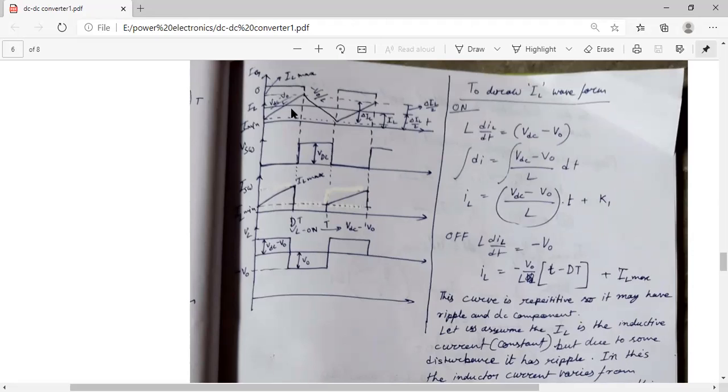Now the current IL varies from minimum to maximum value, and that difference from minimum to maximum value is delta IL, which is known as the ripple current.